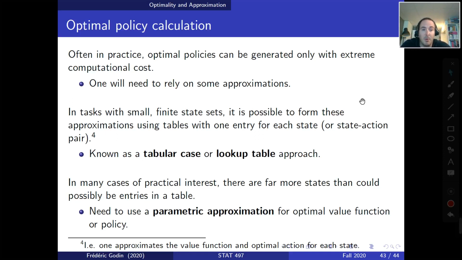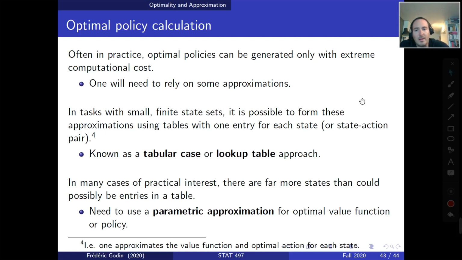This highlights the importance of relying on suitable approximations. Although for very complicated problems we won't be able to exactly know the optimal value function, if we can obtain a suitable approximation, then this might work well enough for our purposes. In practice, we might not need to be perfect. Sometimes simply being very good is sufficient for practical purposes.